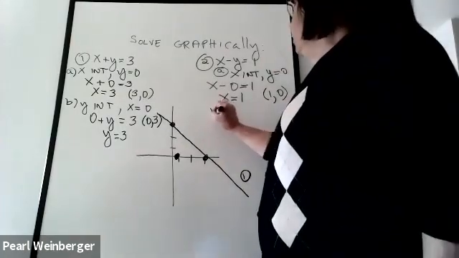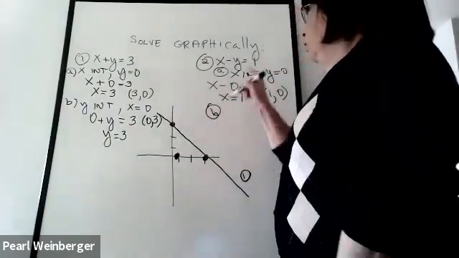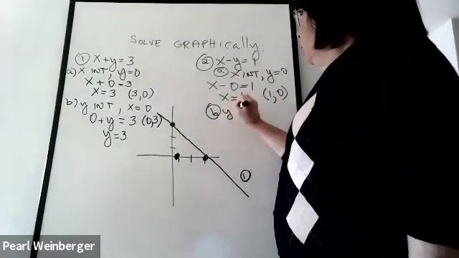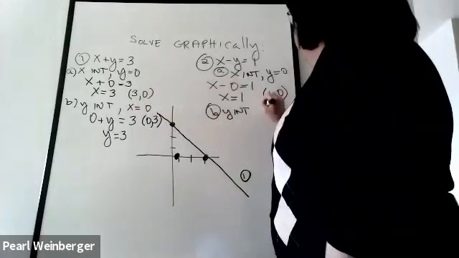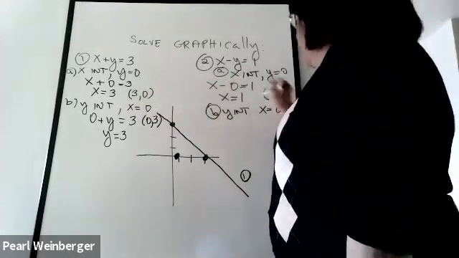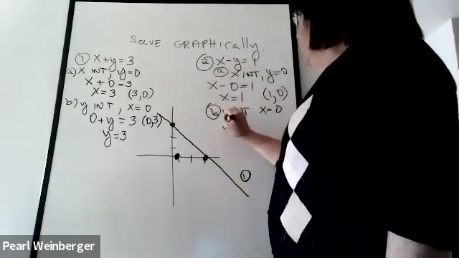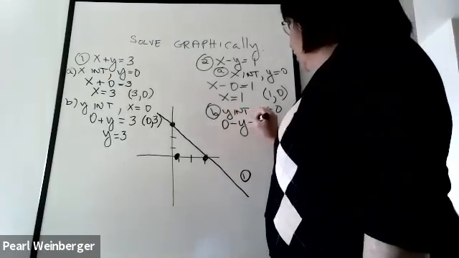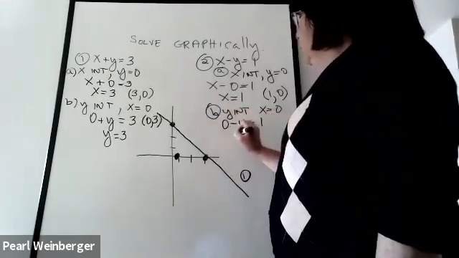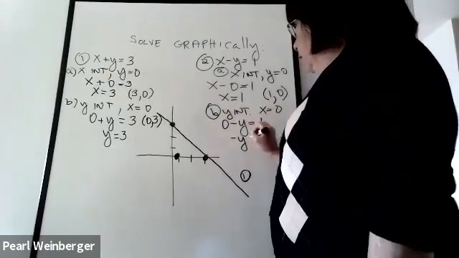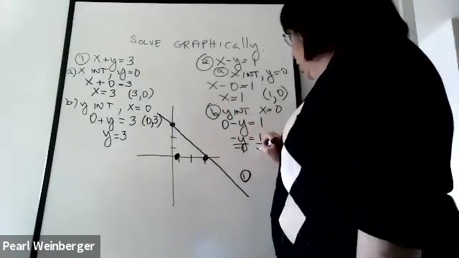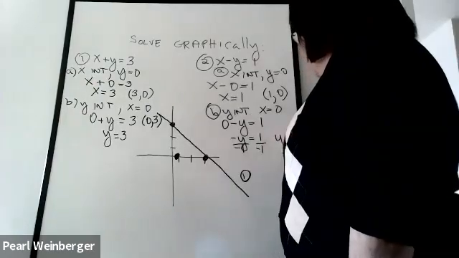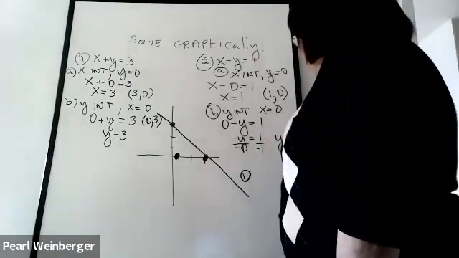What about the y-intercept? To find the y-intercept, we again have to let, just like we did before, x equal to 0. And if we do that, we get 0 minus y equals 1, which is negative y equals 1. And if I divide by negative 1 to get the y alone, I get that y equals negative 1.